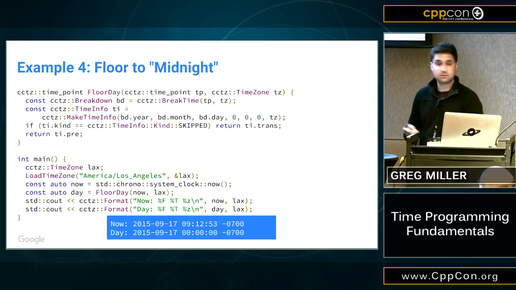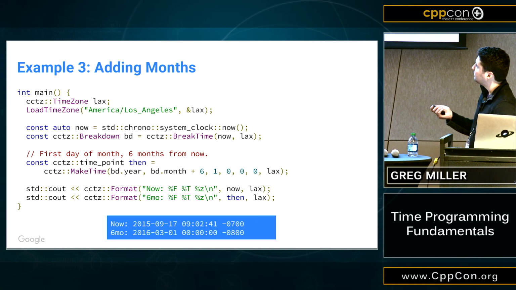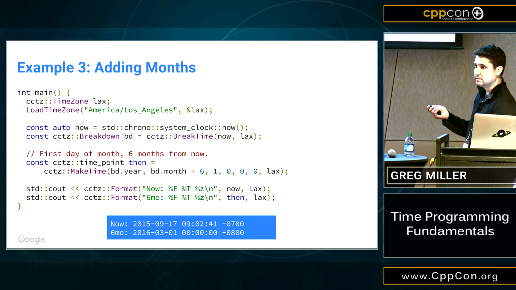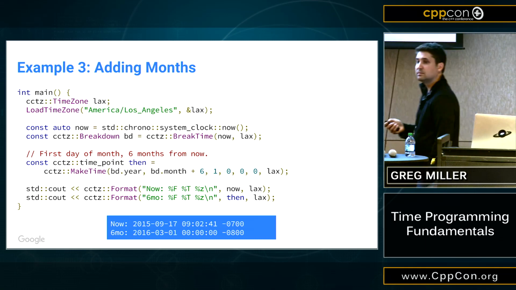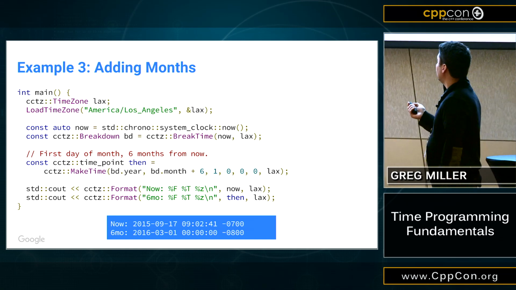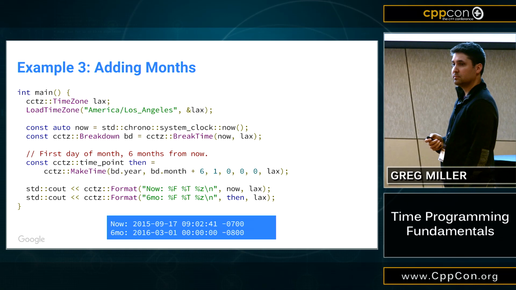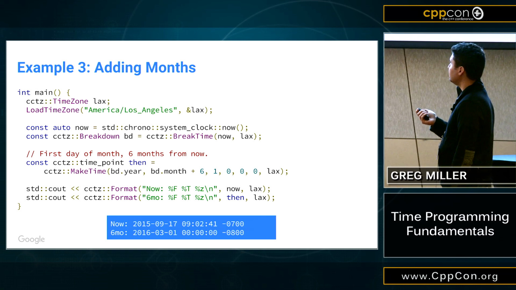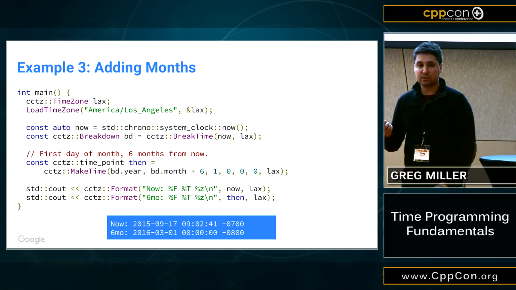Yes? Yes, it picked up the fact that we went from daylight time to standard time. So the question is, can there be two results for that kind of computation, if you're going through a change? And yes.